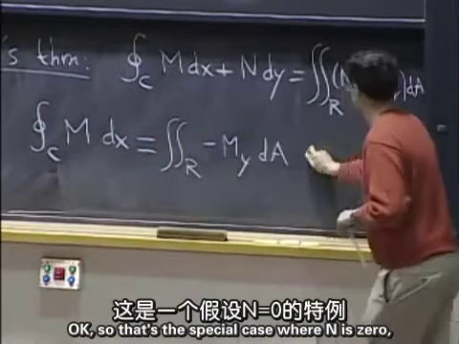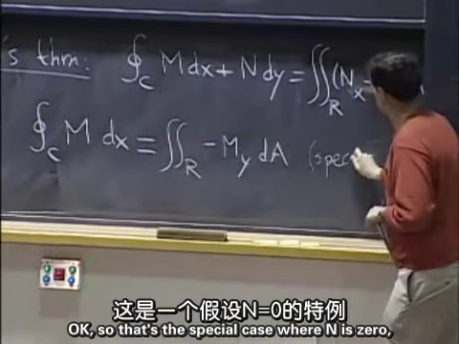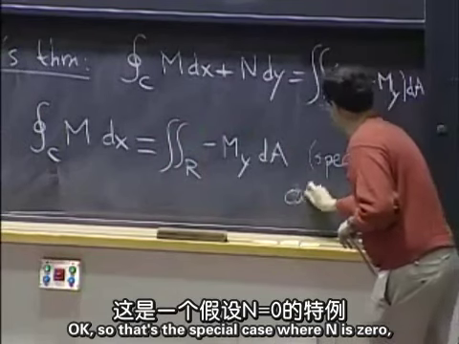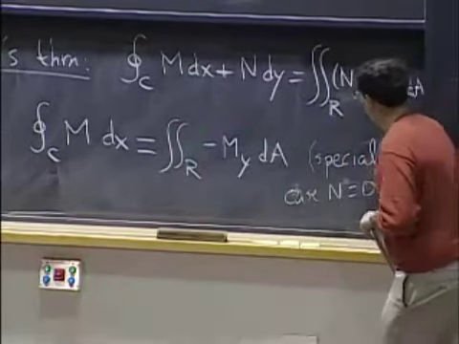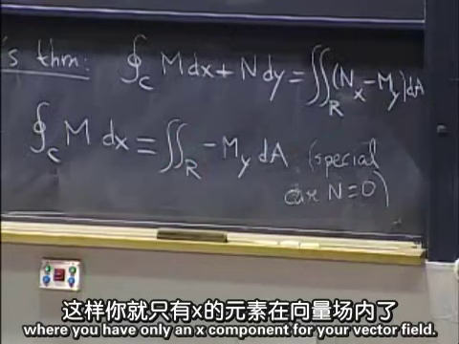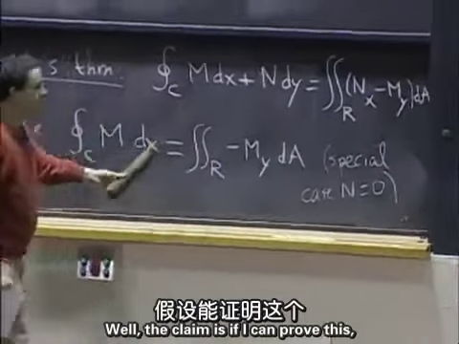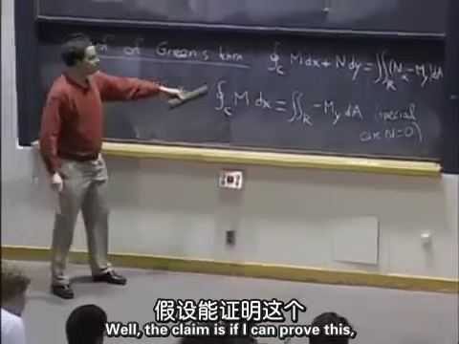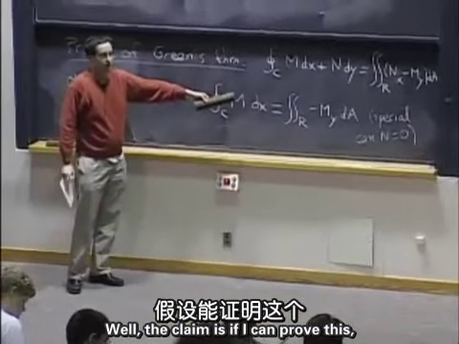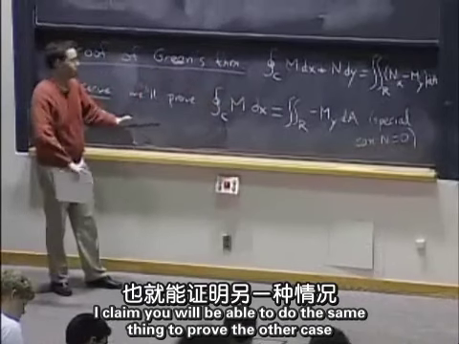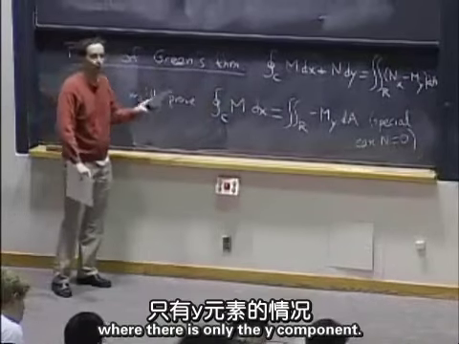Okay, so that's the special case where N is 0, where you have only an x component for your vector field. Now, why is that good enough? Well, the claim is if I can prove this, I claim you will be able to do the same thing to prove the other case where there's only a y component.